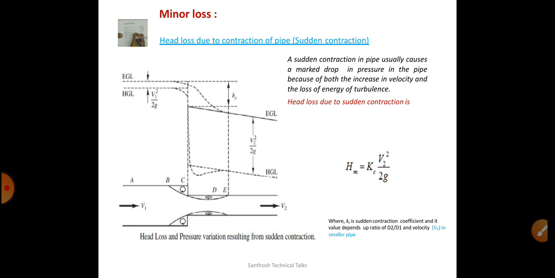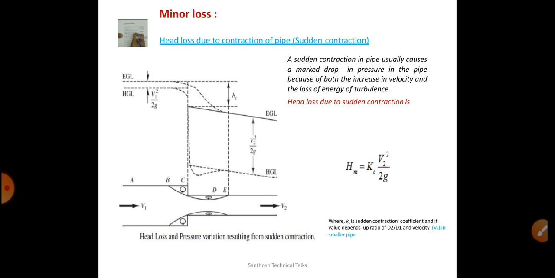So here the first one, head loss due to contraction in pipe, the sudden contraction. Sudden contraction causes a marked drop in pressure in the pipe because of increase in velocity and loss of energy due to turbulence.